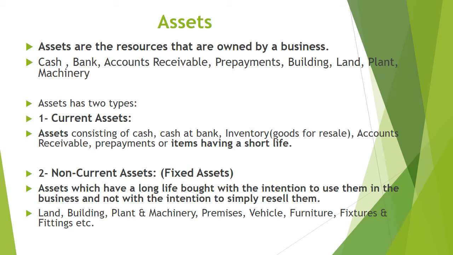And second is non-current assets, also called fixed assets: assets which have a long life, bought with the intention to use them in the business and not with the intention to simply resell them.